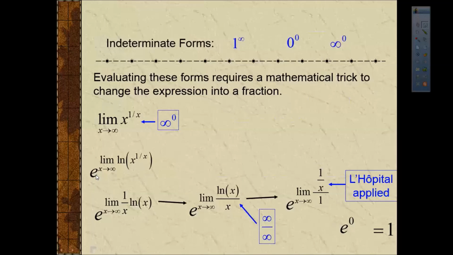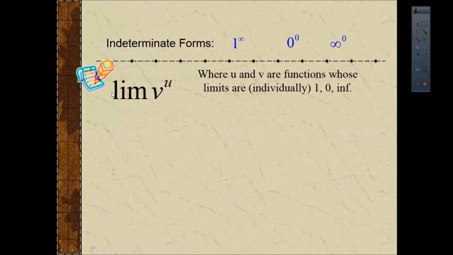Now, as you look through this example, you'll see e to a little tiny limit, repeated several times. One approach to these problems is not to try to write these in little tiny letters as you do these problems on paper. One of the ways we sometimes do this on paper is starting with the limit of v to the u power, where v and u are functions and their limits go to either 1 to infinity, 0 to the 0, or infinity to the 0.